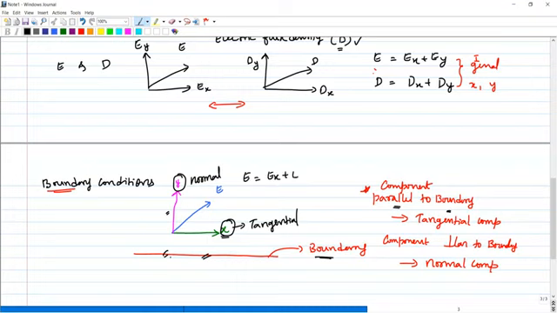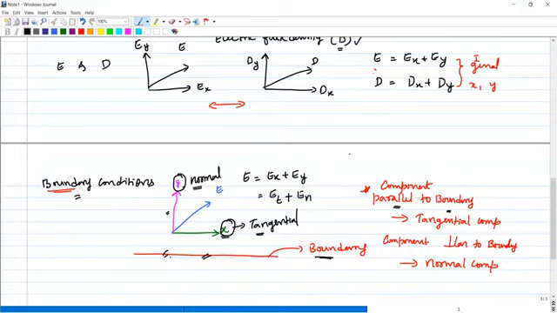So earlier we have written E as Ex plus Ey. But now with respect to the boundary condition, we will write the component of x as tangential component, therefore we will represent it with suffix t, Et, plus the component of y, the normal component. Earlier it is Ey, but now we will represent it as En.